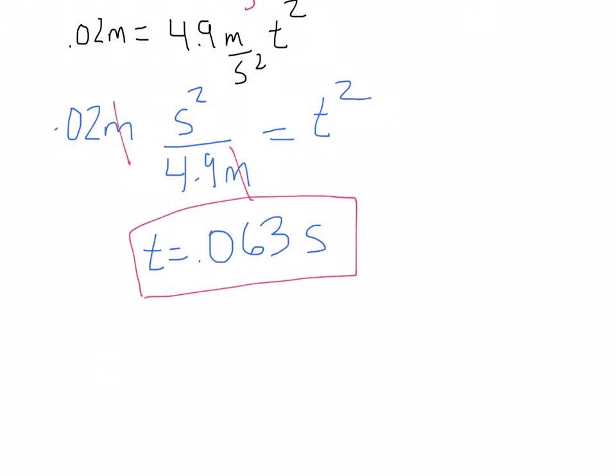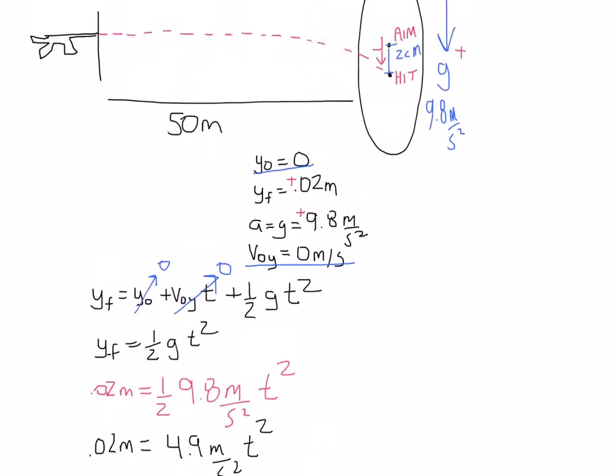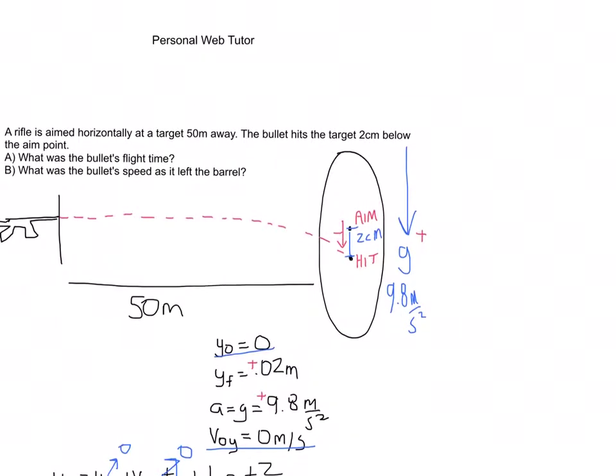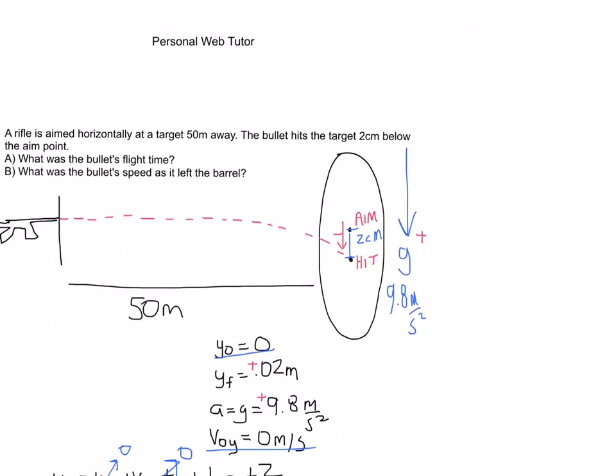Now, going back up to our problem, the other thing we want to find out is at what speed did it leave the barrel. That's a pretty easy question because g does not affect the horizontal motion of the bullet, so we don't have to take that into consideration. However, we do have the time that we just got, 0.063, and we do have the displacement.